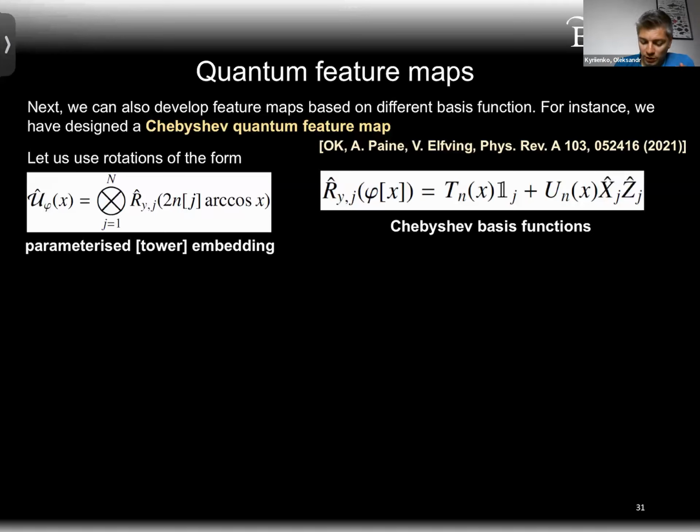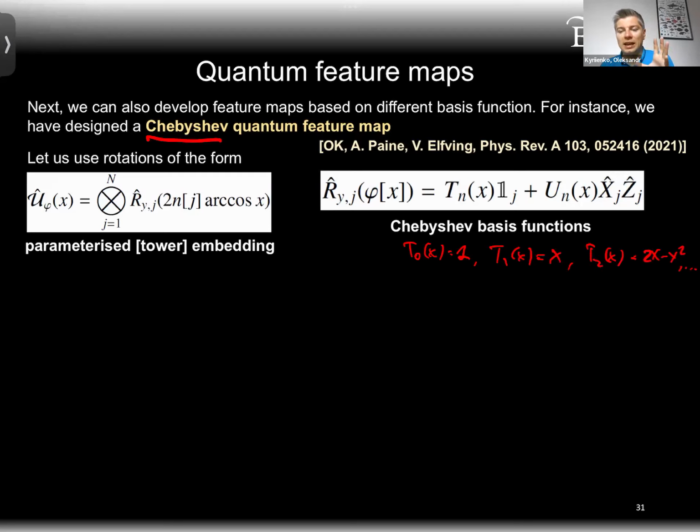For instance, what is known as a Chebyshev polynomial basis set. Chebyshev polynomials are functions of x: T0 of x is just a constant, 1. T1 of x is linear.